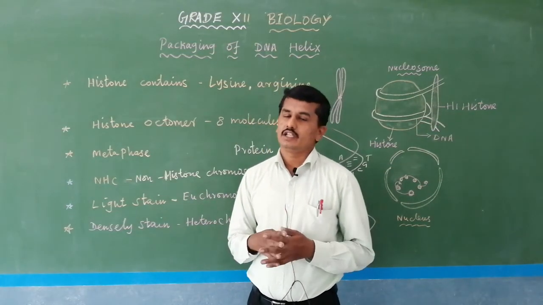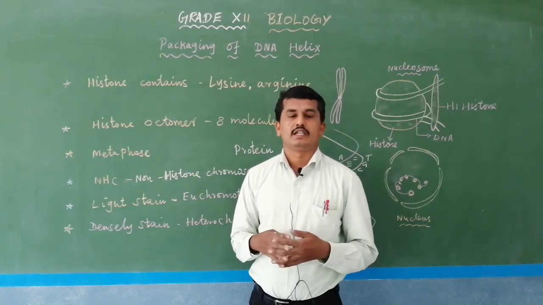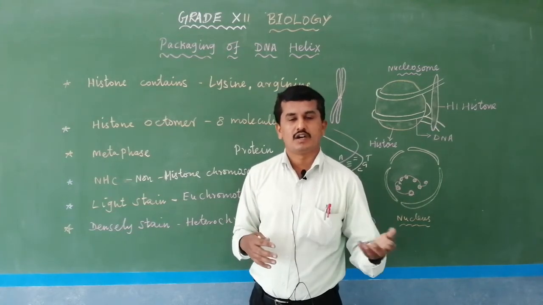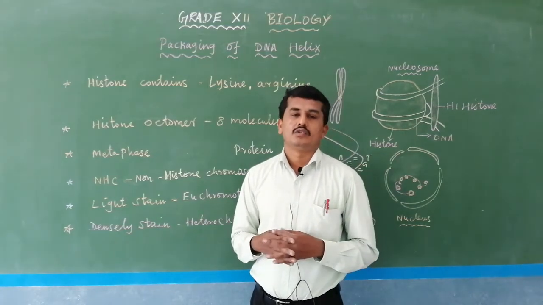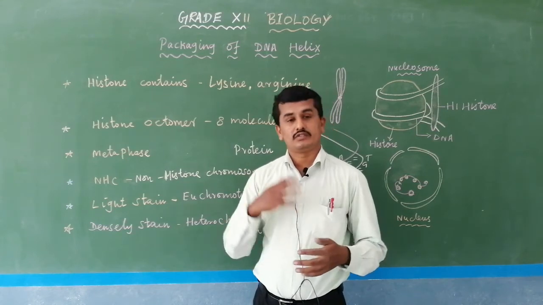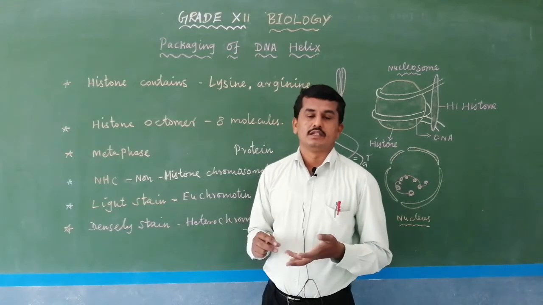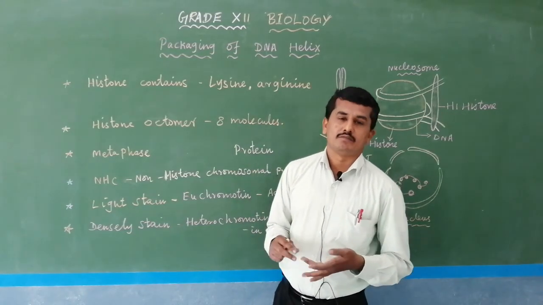Normally we know DNA is the genetic material, but in the early days, in the 1930s, 1940s and 1950s, the scientists did not know that DNA is the genetic material. Scientists imagined it might be protein, or RNA, or DNA.